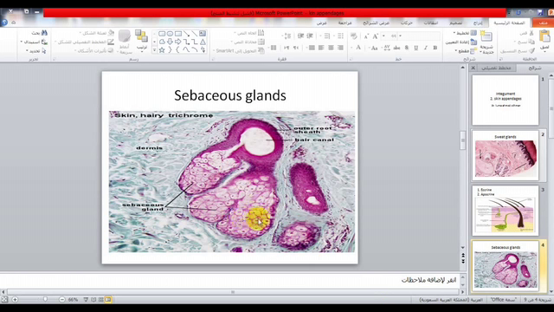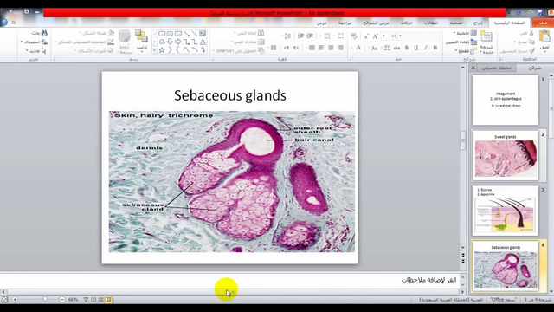The duct opens into the upper third of the follicular canal, where it discharges its secretory product onto the hair shaft. In certain regions lacking hair follicles, like the lip, glans penis and areola of the nipple, the ducts open onto the surface of the skin and empty their secretion.